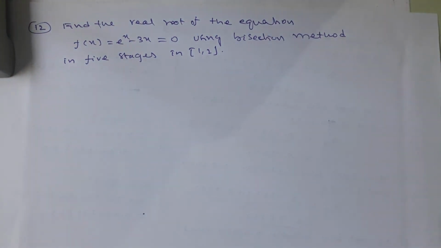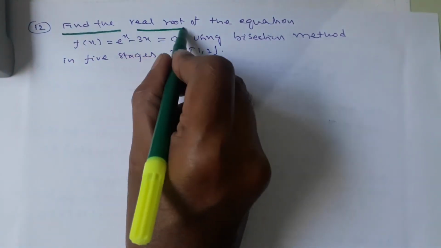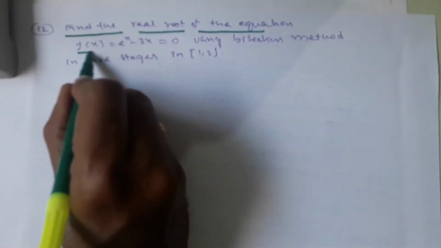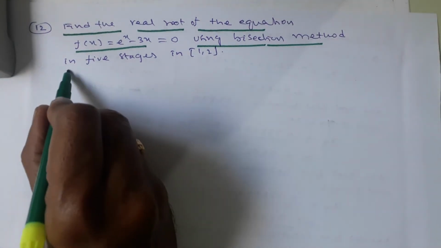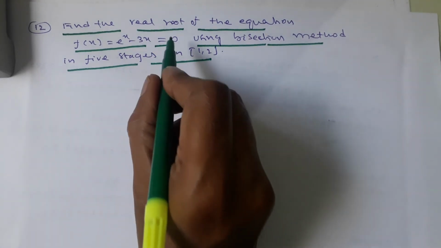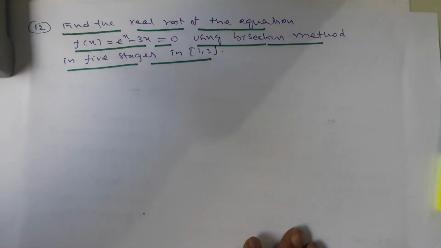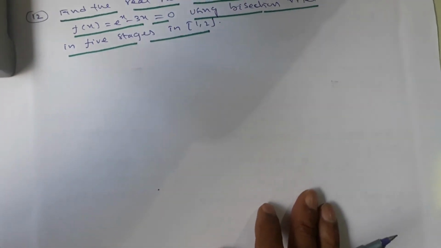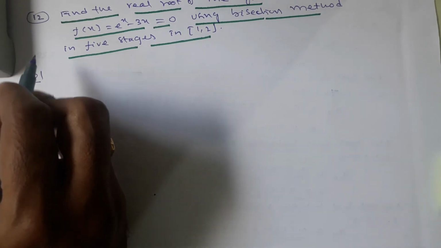Right. This is also a similar problem to what we did previously, with an e power x function. The remaining minus 3x is the algebraic term. So how to find the e power x values was discussed in the previous problem, so the solution is similar.